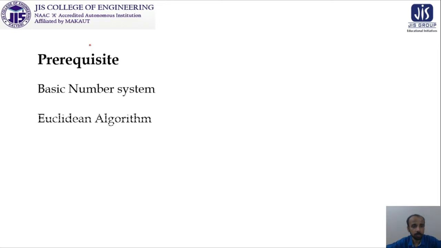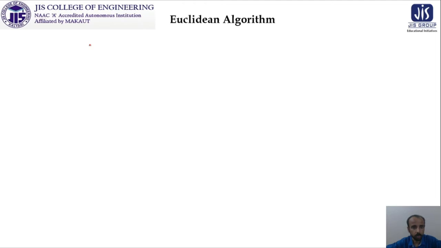Parallelly, it is also very important to revisit the idea of the Euclidean algorithm for finding the GCDs, and the benefits of the Euclidean algorithm over other processes, which was elaborately discussed in the last class. We also need to revisit the properties of prime numbers, because not only primes but, in this particular lecture, co-primes, that means relatively prime numbers, play a vital role. So in this way we are going to discuss this class onwards.